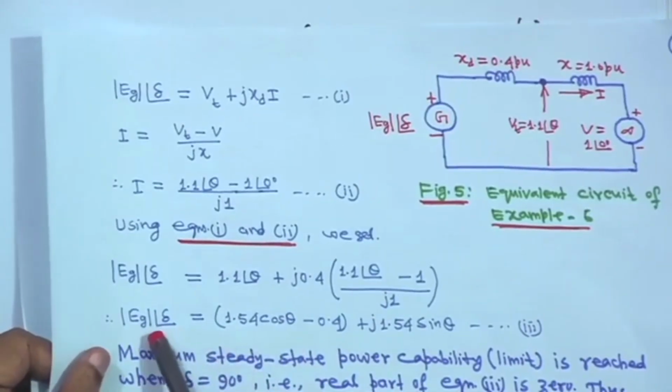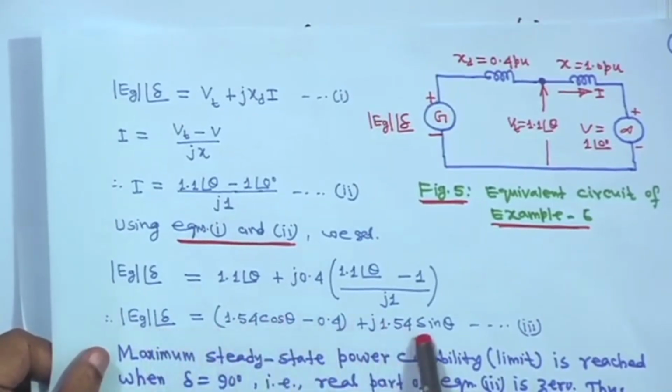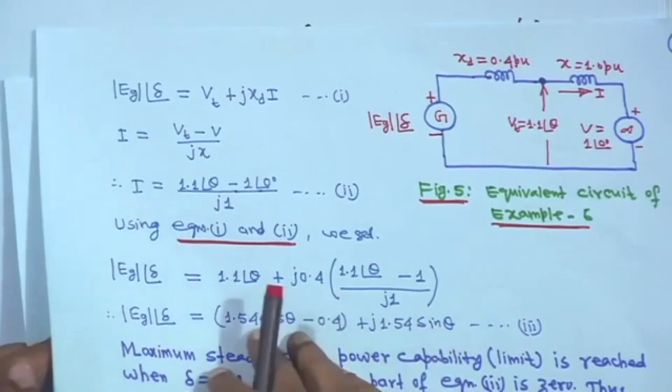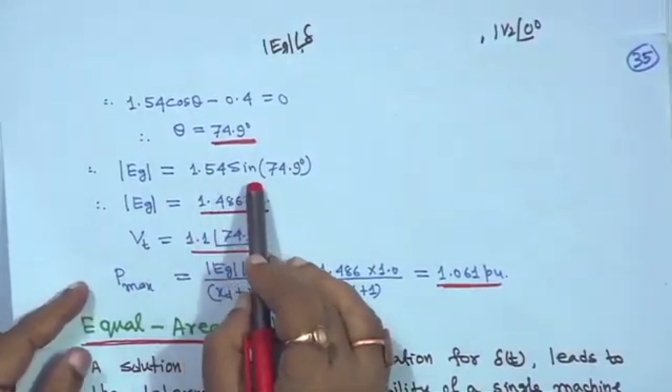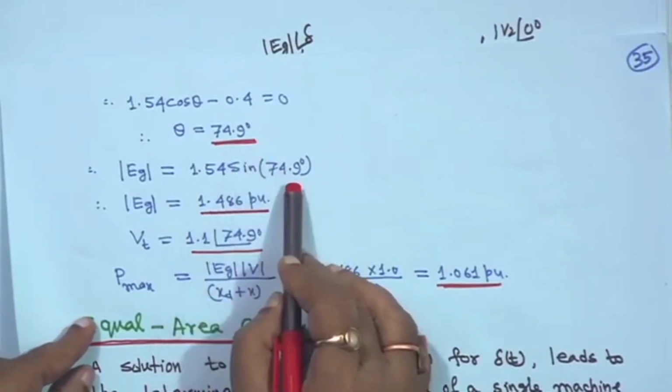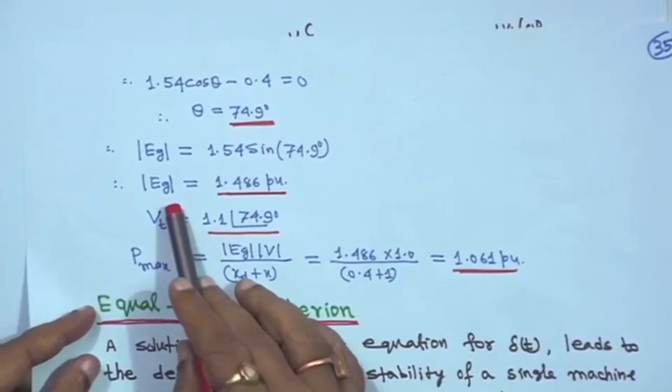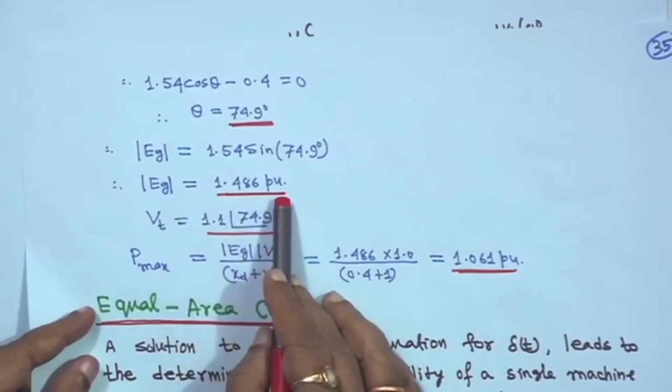If the real part is 0, then the magnitude of E_g will become 1.54 sin theta. So the magnitude of E_g is equal to 1.54 sin of 74.9 degrees, which is 1.486 per unit.